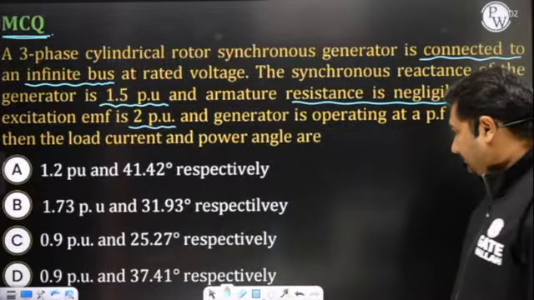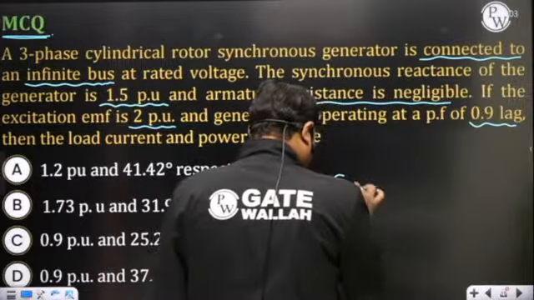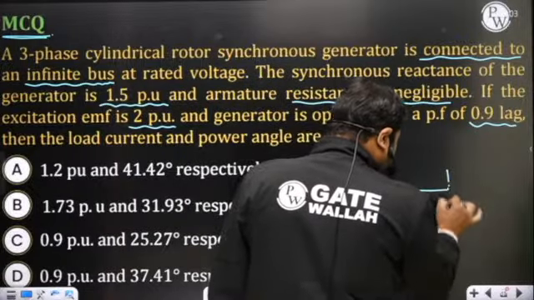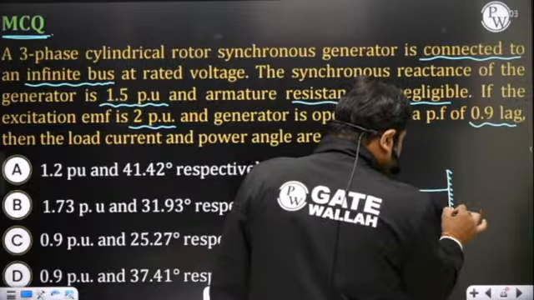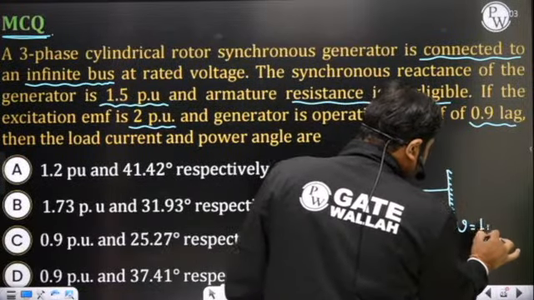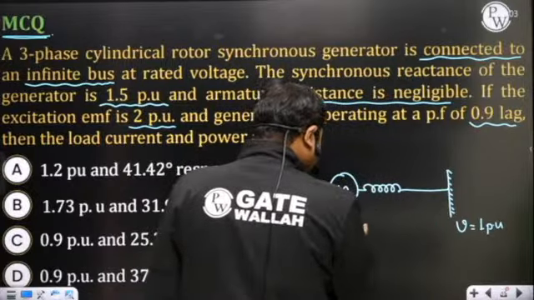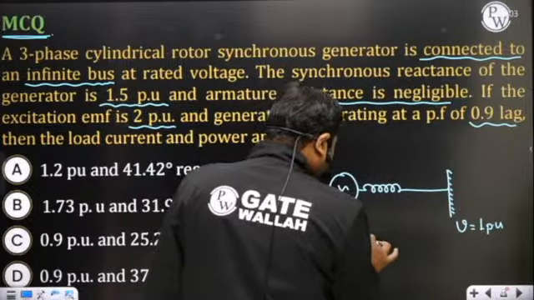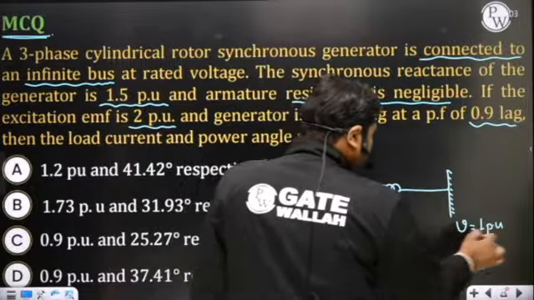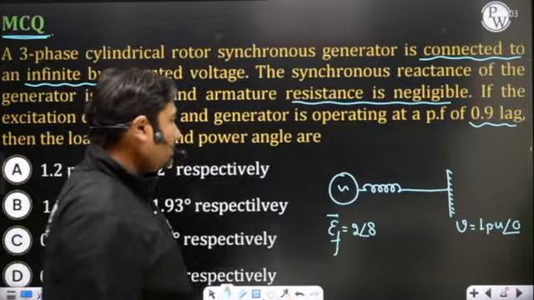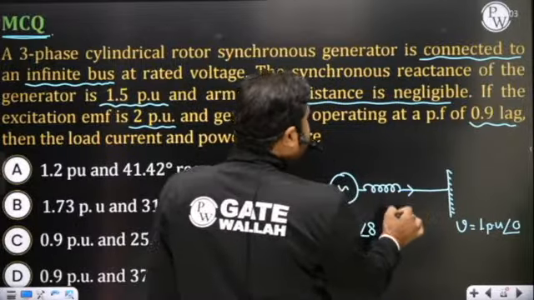Okay, yes sir. Basically we have a synchronous generator. Armature resistance is neglected. Terminal voltage is 1 per unit and Ef is also given to you. So Ef is 2 per unit at an angle delta. If I take V as a reference, that is 1 per unit at an angle 0. What about the current?